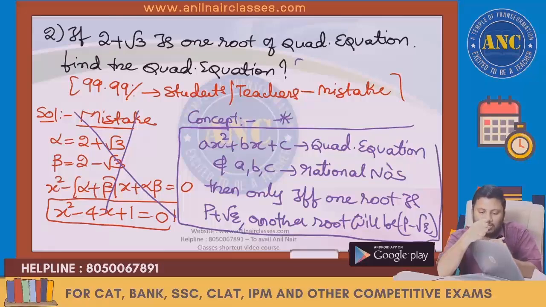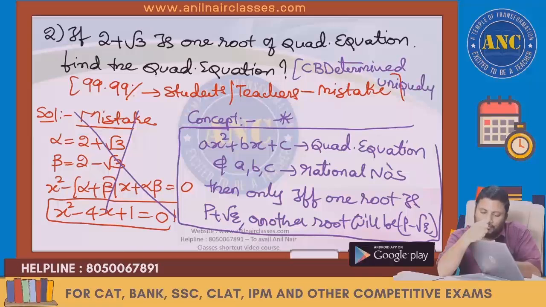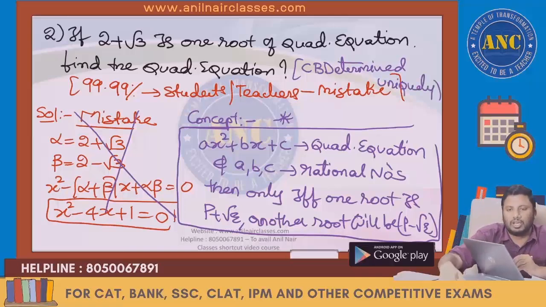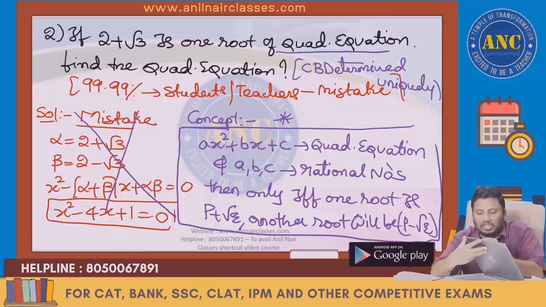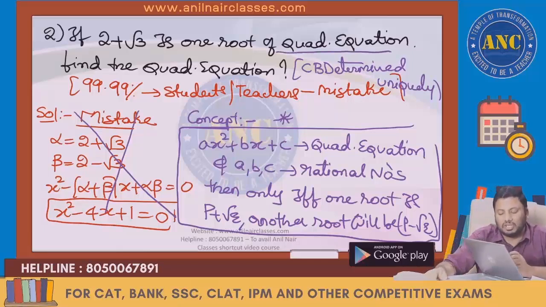So what is the answer for this question? Cannot be determined uniquely. You cannot say that if one root is 2 plus root 3, another root will be 2 minus root 3, because nothing is specified about the coefficients of x square, x and the constant.